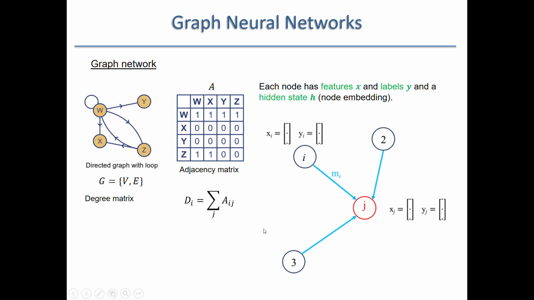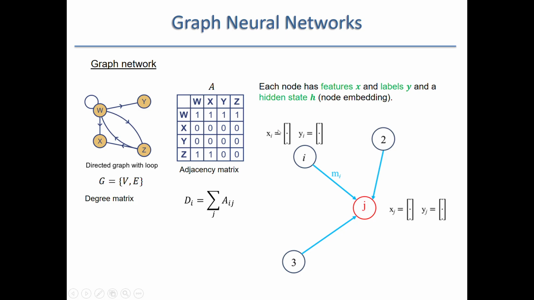Now, regarding the neural networks, we will assume that each one of the nodes has a set of features, a set of labels, and a hidden state that will be called the node embedding.